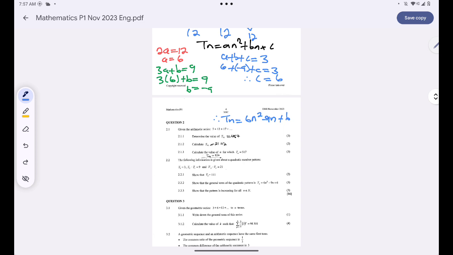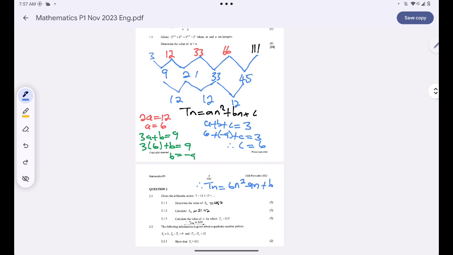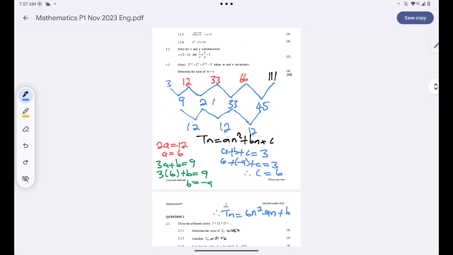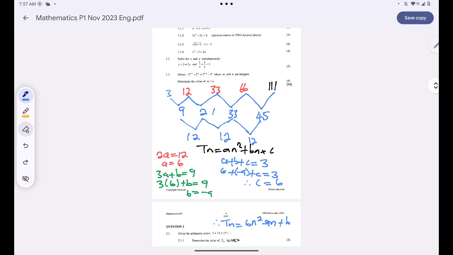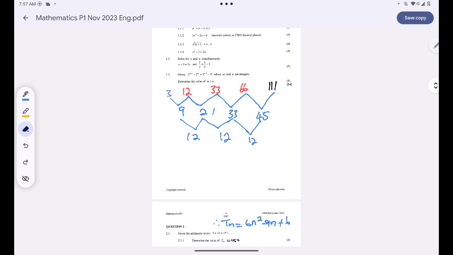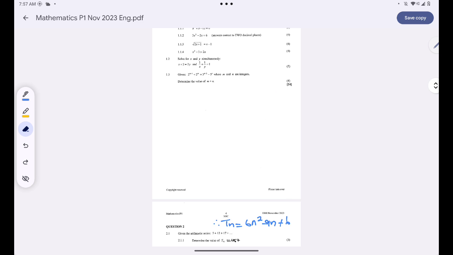Okay, and then 2.2.3, I'm supposed to show that the pattern is increasing for all natural numbers. How can I do that? How can I show that something is increasing? A function is increasing if and only if its derivative is greater than 0 for all values of n.